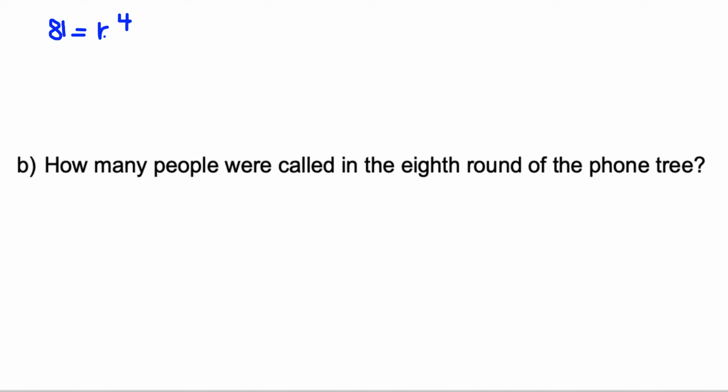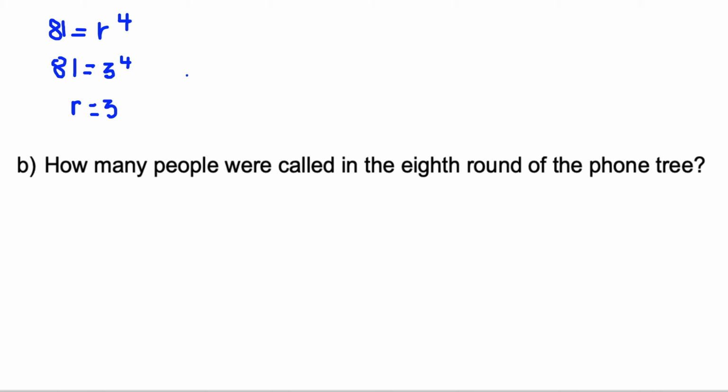We know 9 squared is 81, and 3 squared is 9, and a square of a square is exponent 4. So 81 is equal to 3 in exponent 4. What does it mean? It means that r is equal to 3.